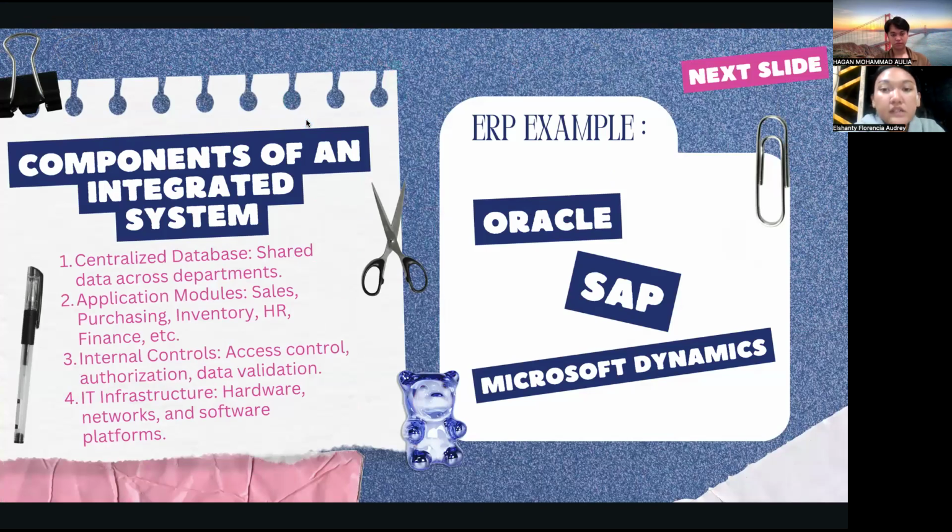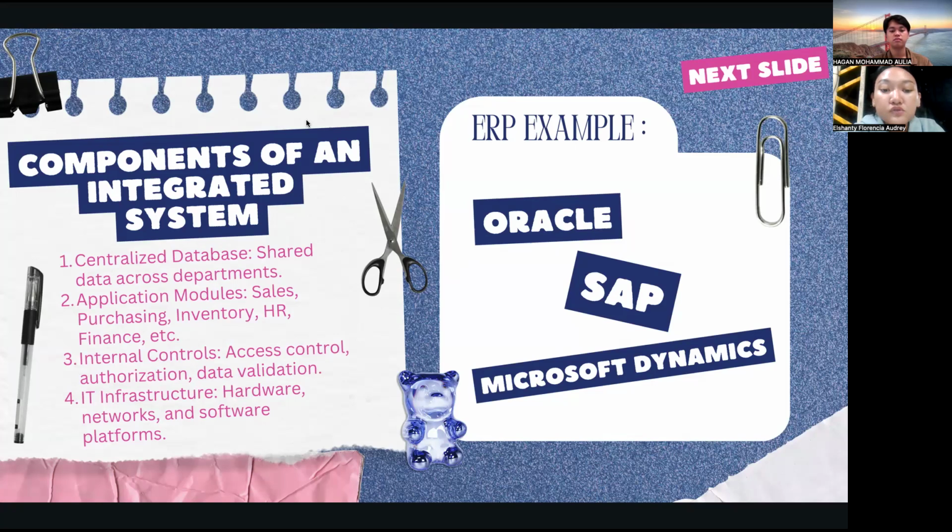For the next part, we will talk about the components of an integrated system. The first one is a centralized database that shares data across departments, and also application modules like sales, purchasing, inventory, HR, or finance, and so on. Also controls like access control, authorization, and data validation.